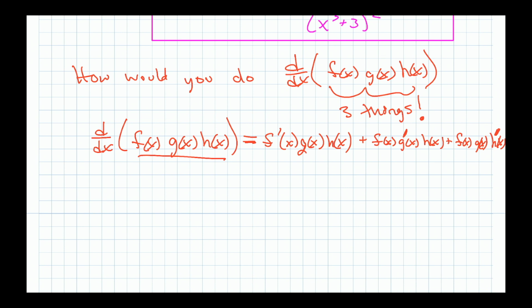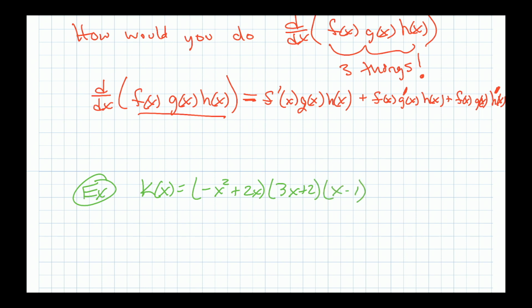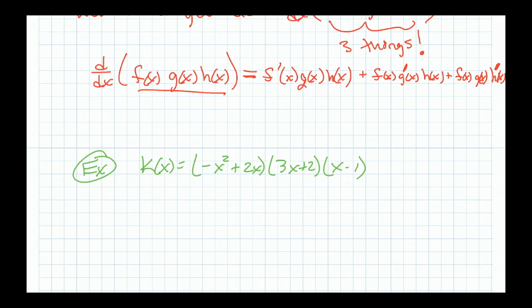Now, why would you want that formula? Well, of course they're going to make you use it, right? They say like K is negative x squared plus 2x, 3x plus 2, x minus 1. And then they want you to find K prime, right?